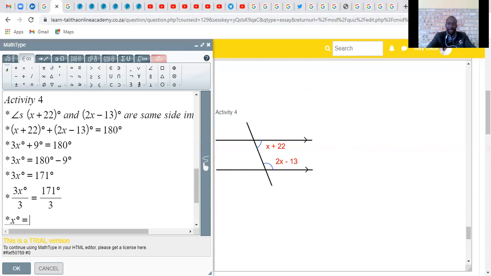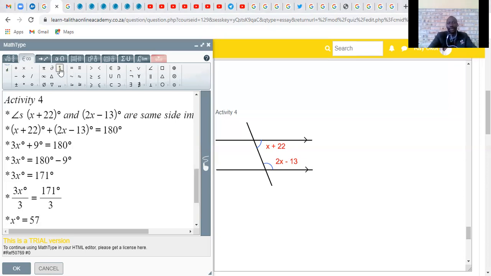Let's use our calculator to check. We want to divide 171 by 3. Yes, we get 57 for that. So this way we get 57.